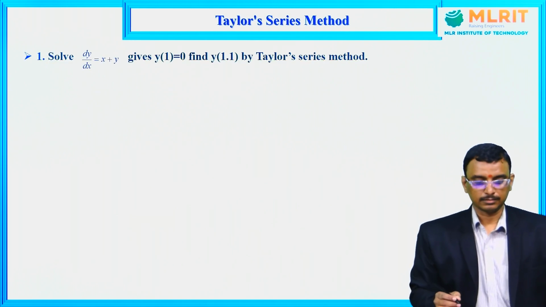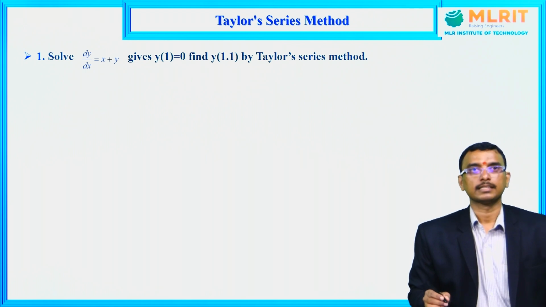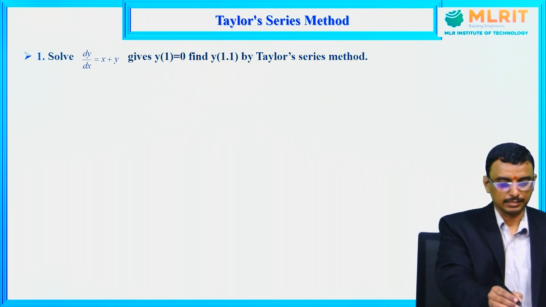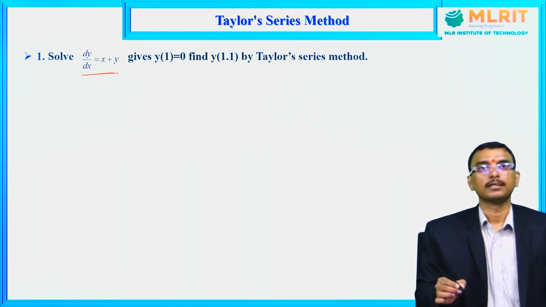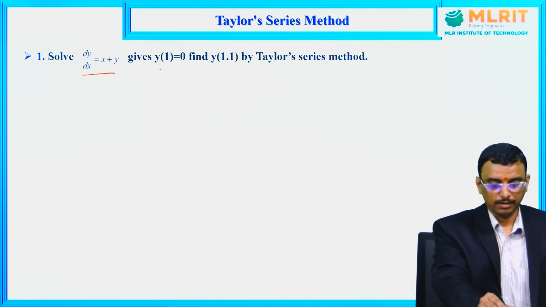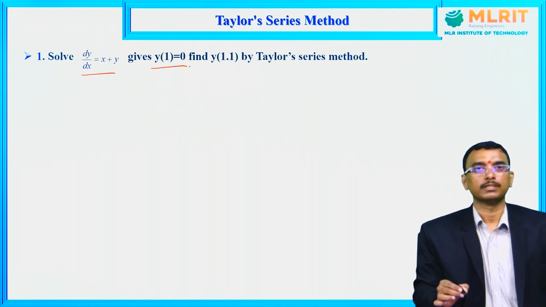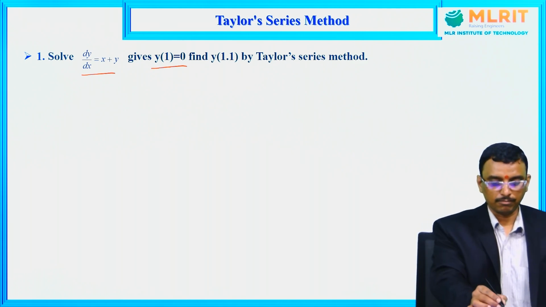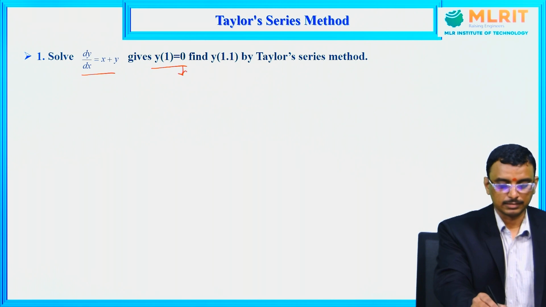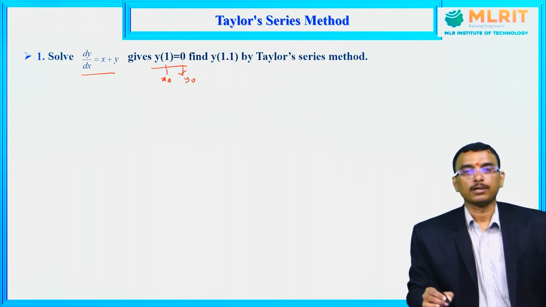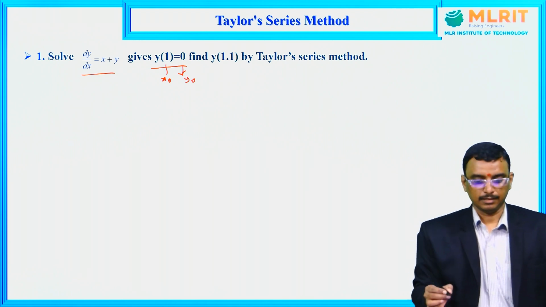So one example is there, so we'll discuss this example. Solve dy by dx is equal to x plus y given that y of 1 is equal to 0. With the initial condition given, y of 1 is equal to 0, this is the y naught value and this is the x naught value. We have to find y of 1.1 by using the Taylor series method.